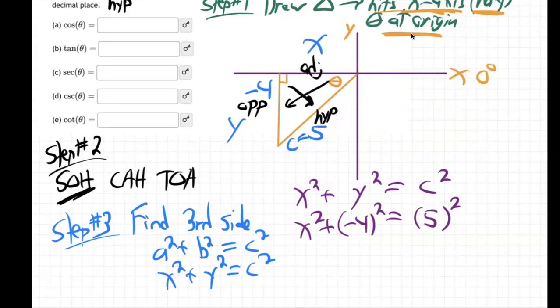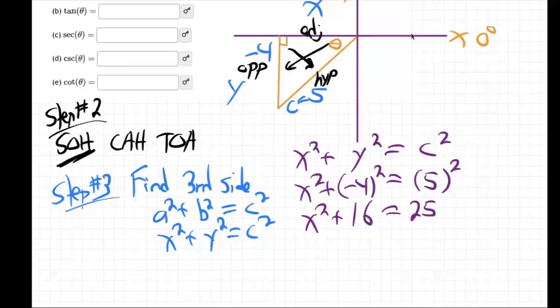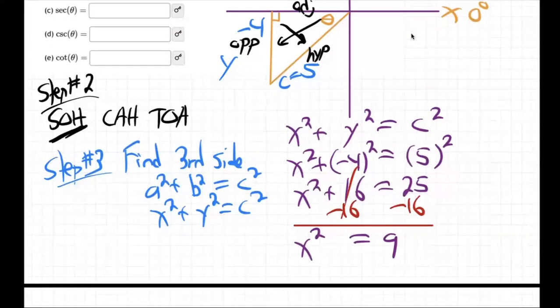Okay, so there we go. So x squared plus 16 is 25. Let's finish solving for the x. And boom, x squared is 9. And then root it. X is 3, and that's plus or minus 3.